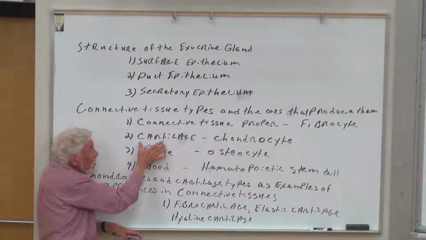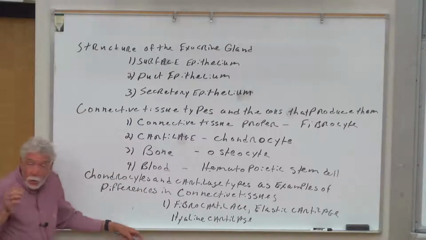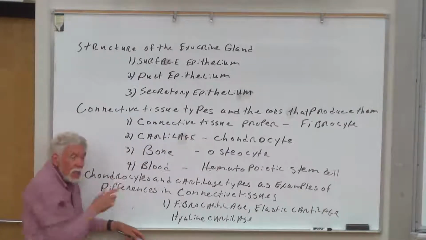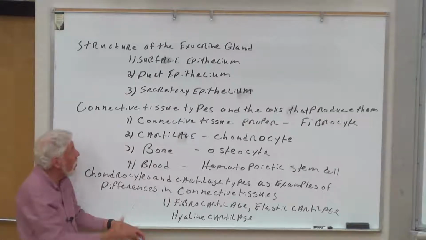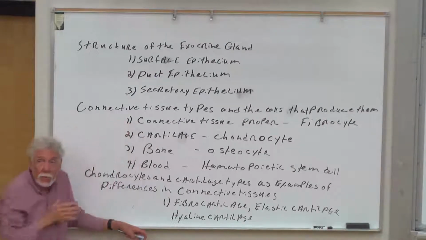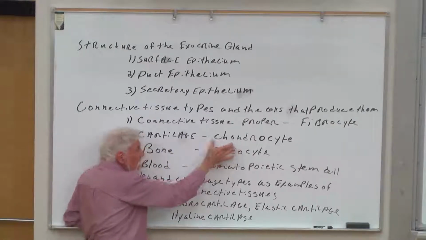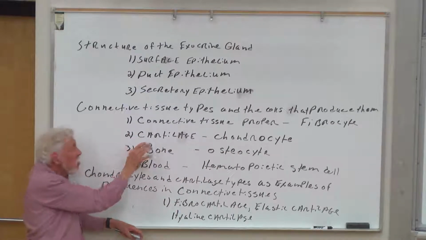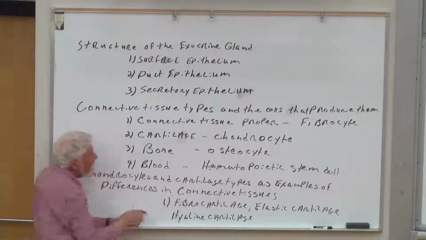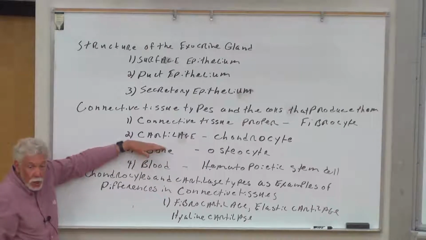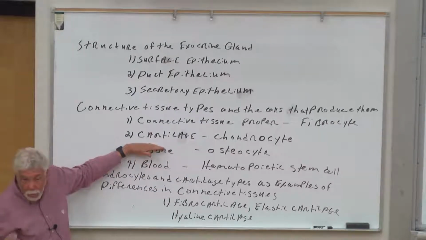So the second type here is cartilage, and the reason I want to emphasize the cartilage is that it has all the hallmarks of each type of connective tissue. And what I mean by that is we'll see that they're chondrocytes, separated by large spaces, and what's filling in the spaces between the chondrocytes is going to generate the cartilage. There'll be extracellular proteins.